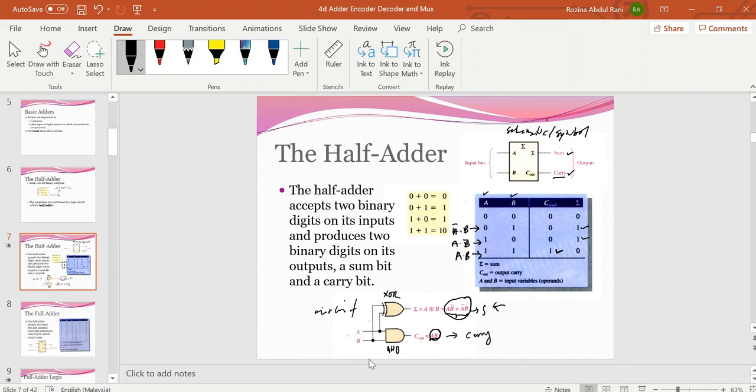So this is how the circuit looks like. Because A B bar plus A bar B is equal to A XOR B, so this is A XOR B. And AB means A multiplied by B, so we need an AND gate to do this operation.